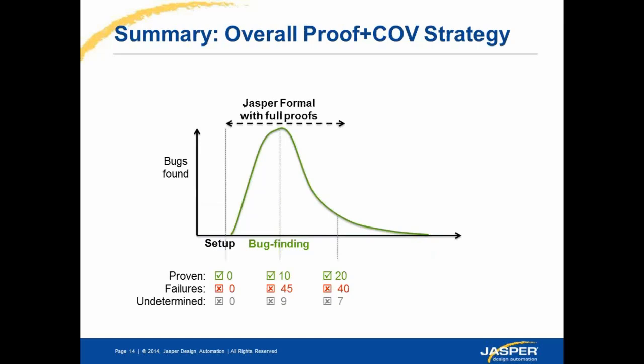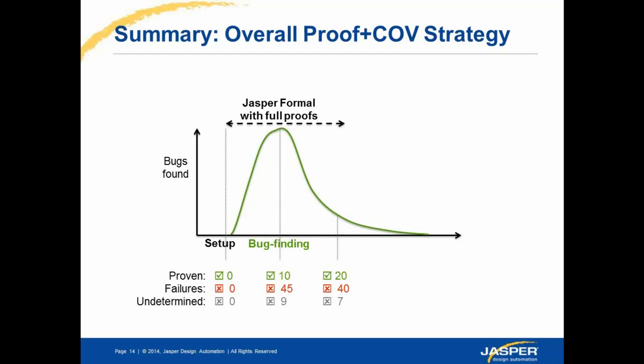So from a verification project perspective, let's consider the graph here. On the y-axis, you have bugs found during the verification cycle, and on the x-axis, you typically have the verification progress by the verification engineer. Initially, you write a bunch of assertions and try to verify your RTL.